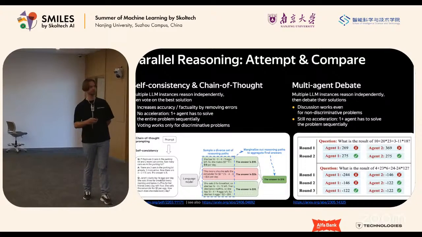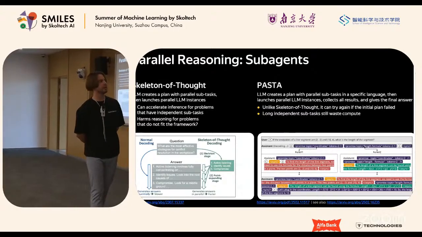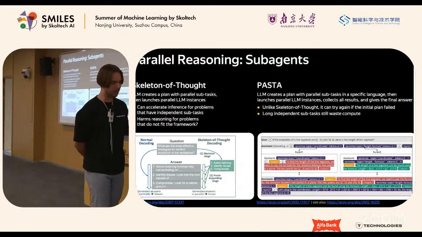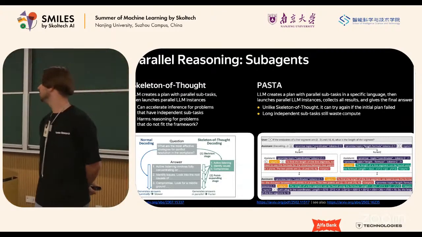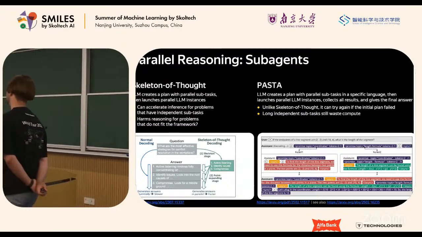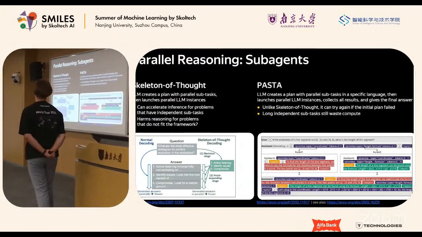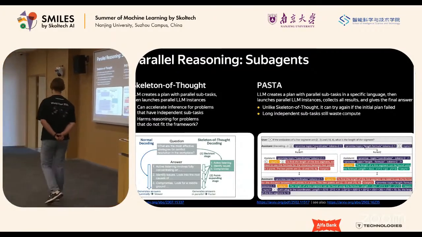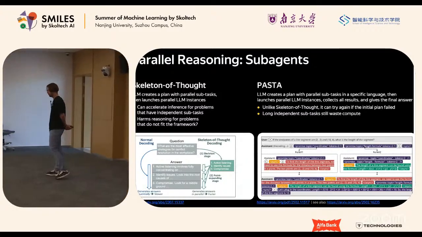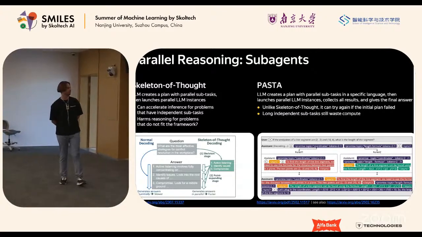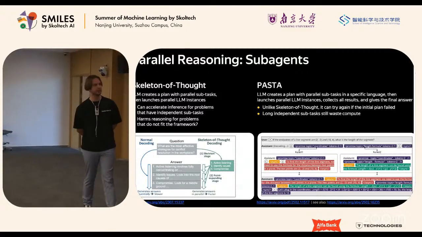And more elaborate schemes that can help with this are Skeleton of Thought and PASTA. Skeleton of Thought, firstly, gives you a plan for how to solve this task. So you do this, that, and something else. And some of these may be done in parallel. For example, one agent explores one direction, the other explores another. And after all of them are finished, the first agent aggregates the results and outputs the answer.